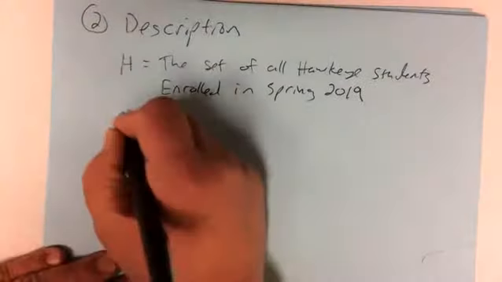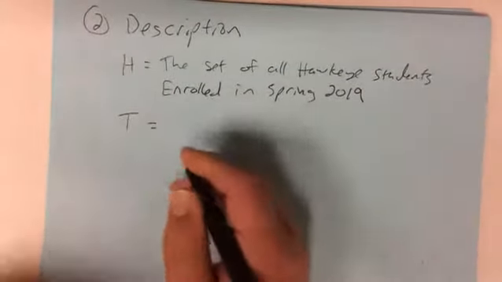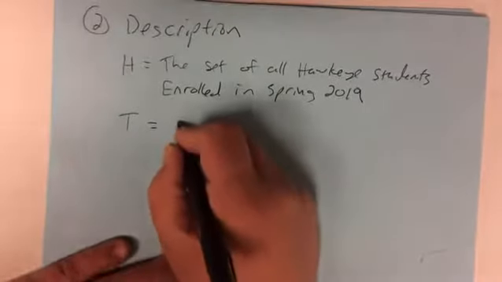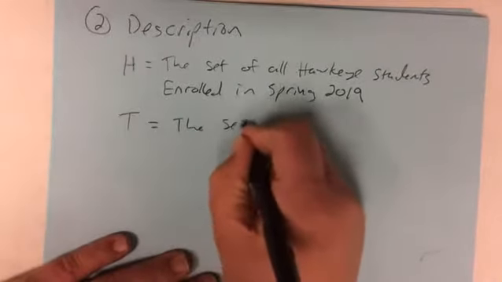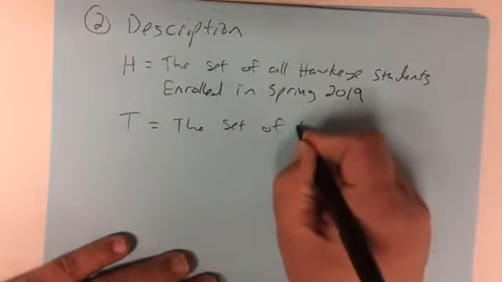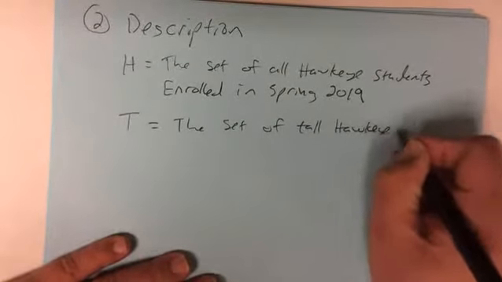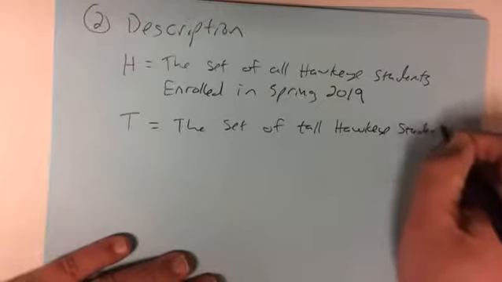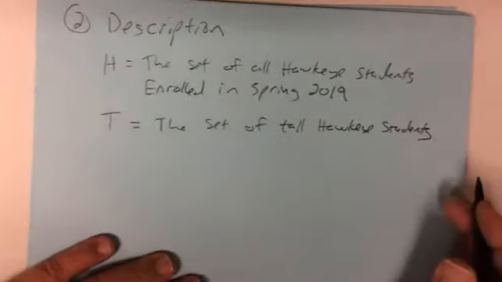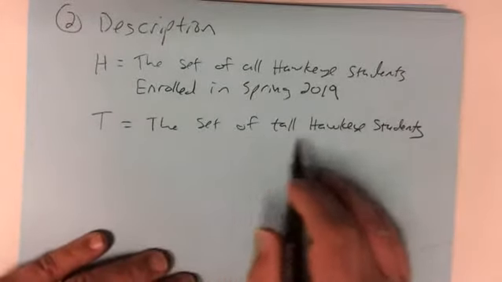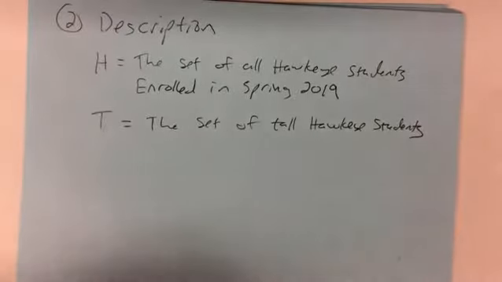Let's say I described a set. I'm interested in the tall Hawkeye students. So the set of tall Hawkeye students enrolled in spring of 2019.